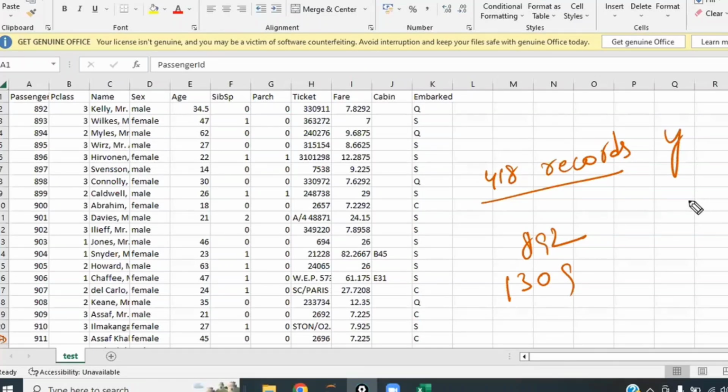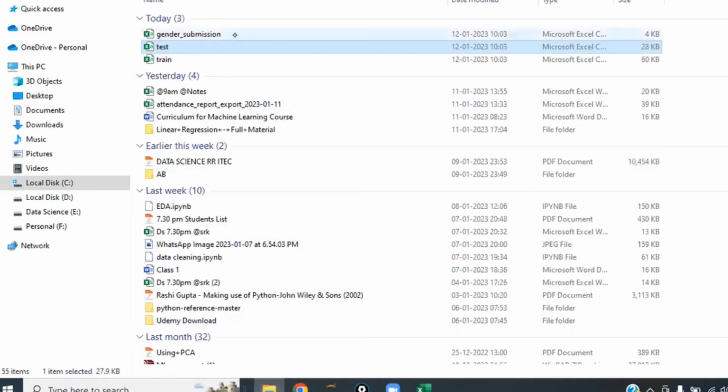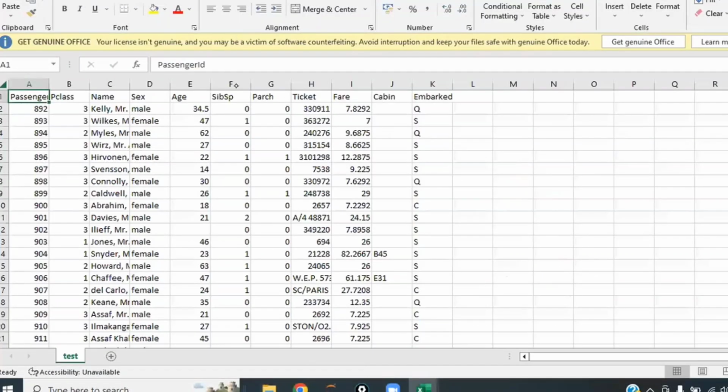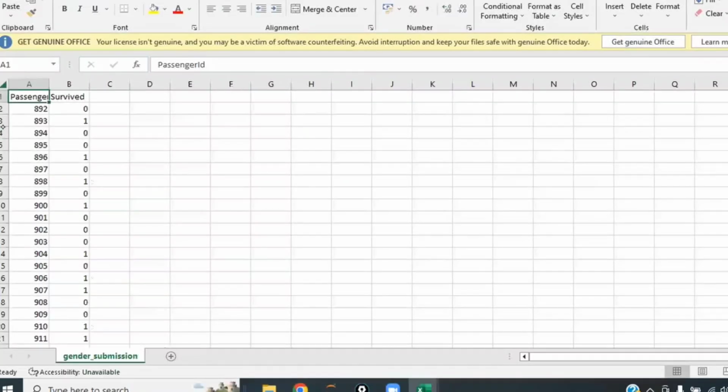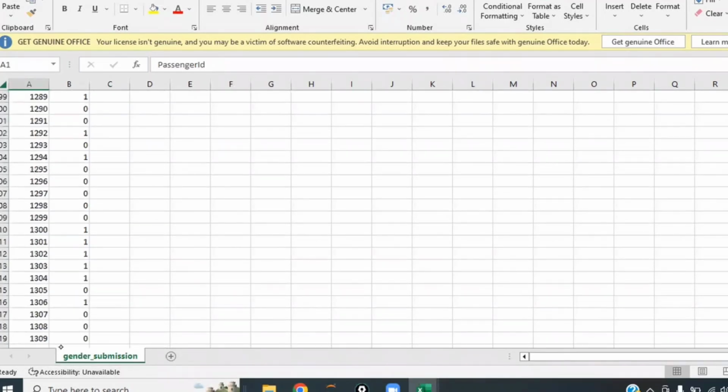Once you have written whether the person survived or not, now here in the gender submission file, for all these records, 892 to 1309, whether the person survived or not, this is a sample. This is not the original answer, so don't feel this is the original answer and don't copy.